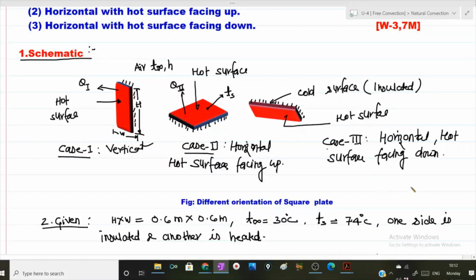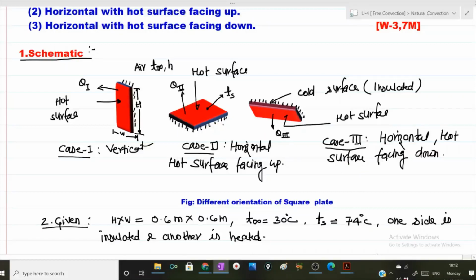And in the third case, the square plate is again placed horizontal with hot surface facing down and the insulated or cold surface facing upward. So there will be heat transfer from this. Let's say this heat transfer rate is Q3.